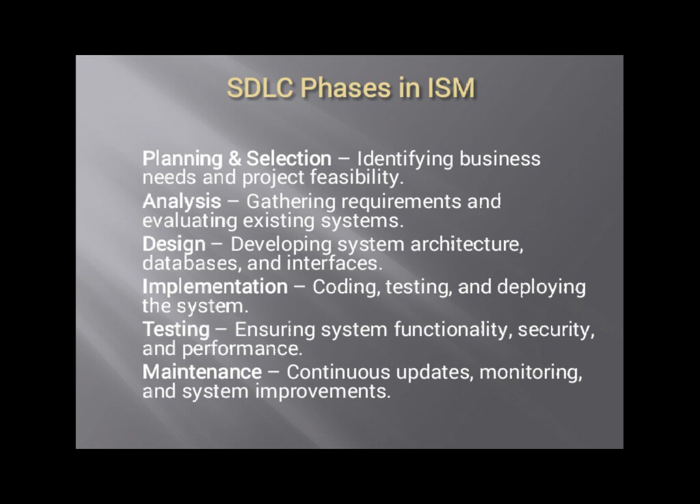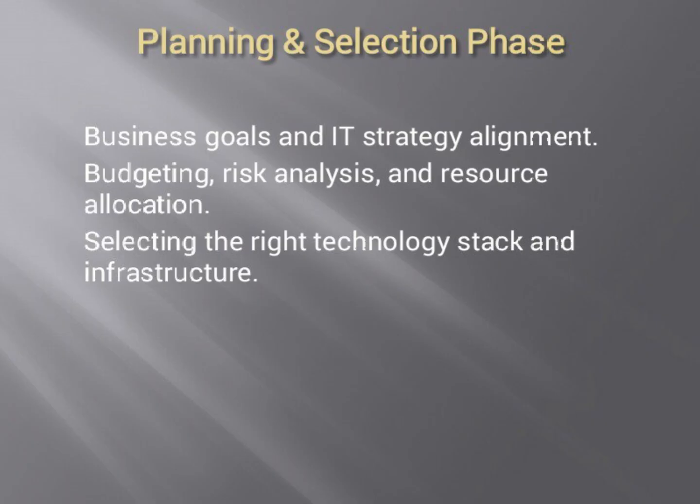So let's dive step by step into the phases. The first phase is the planning and selection phase. Business goals and strategies have to be aligned in the first phase, along with budgeting, risk analysis, and resource allocation.